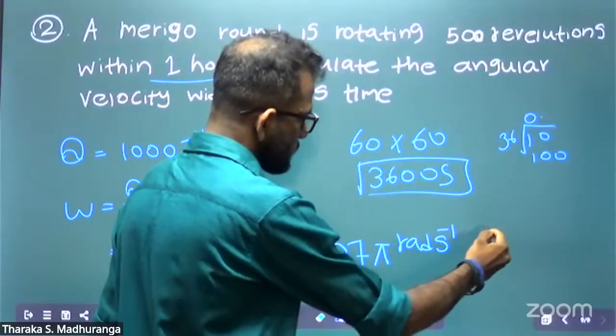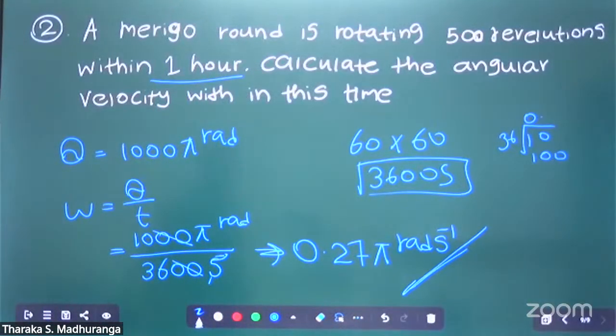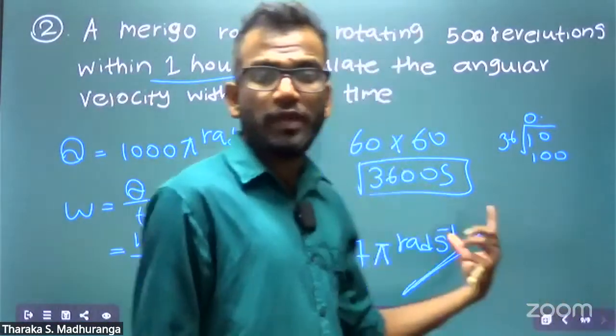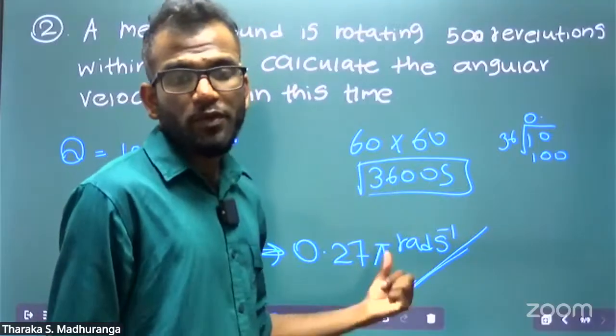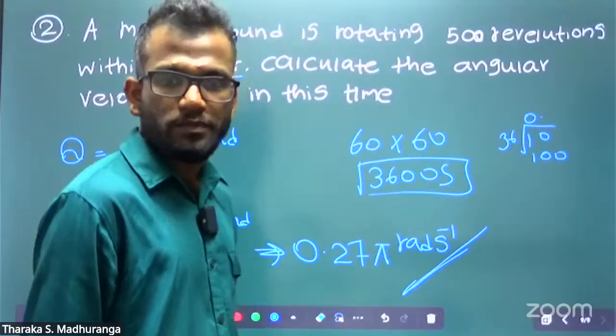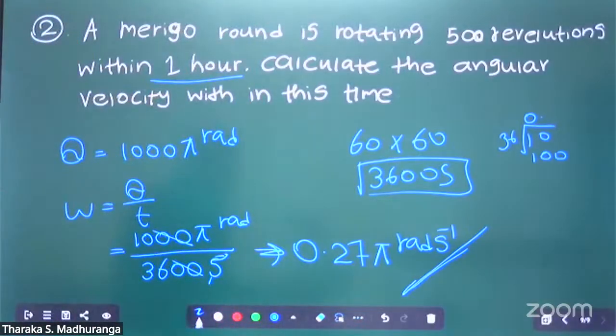Harith, wait, I will check with the calculator. Yes, 0.275π rad. If you want to get the decimal value, you have to multiply this 0.275 by π. I got that, then how did you get different answers?